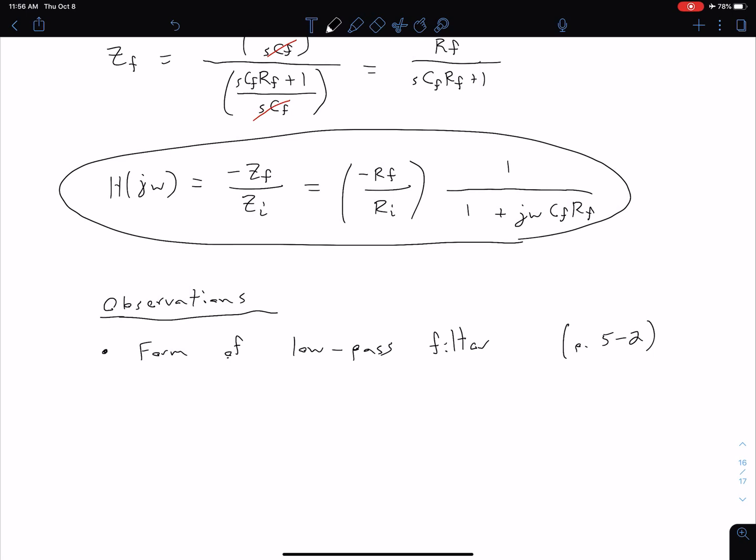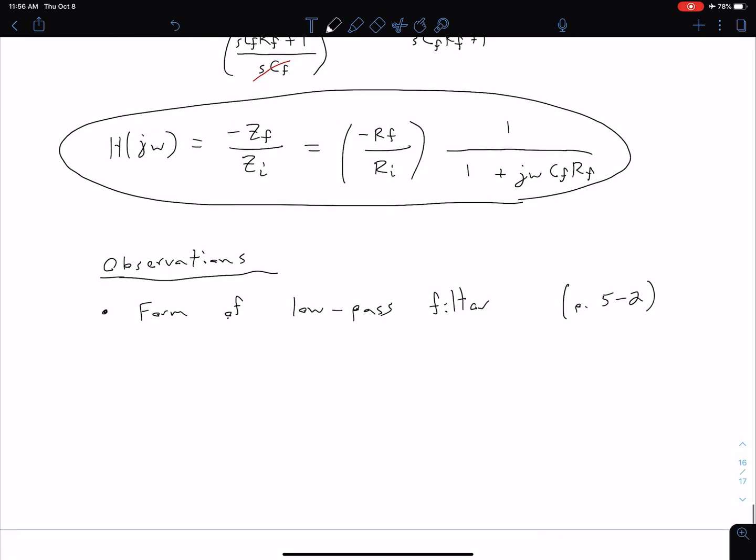It wouldn't be too difficult to go back to our extreme cases method. We say omega equals 0. We're considering this omega here. We see that makes the transfer function 1. Omega equals infinity makes our transfer function 0. So either way works.